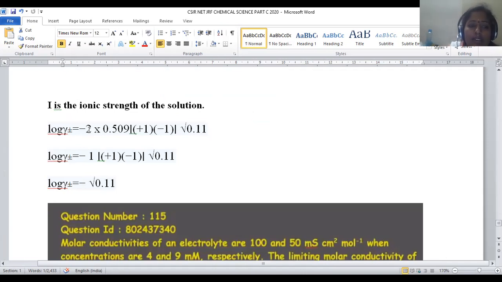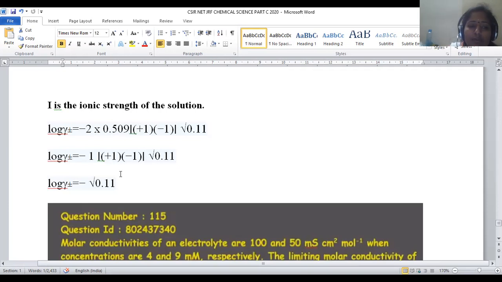Log gamma plus or minus is equal to -2 into 0.509 mod plus 1 minus 1 under root 0.11, right? So -2 into 0.509, this multiplication will become -1. So -2 into 0.509 is calculated as -1, plus 1 into -1 into under root 0.11.